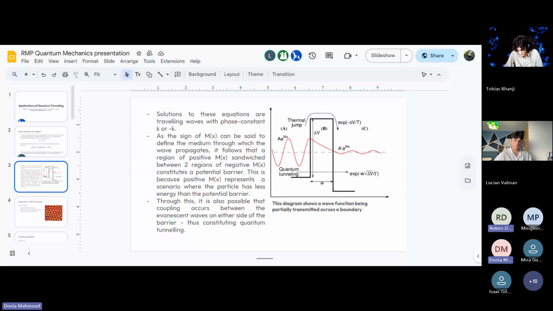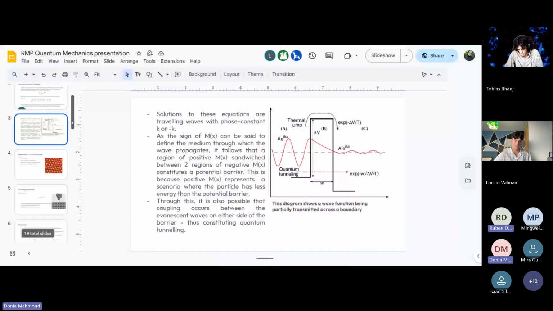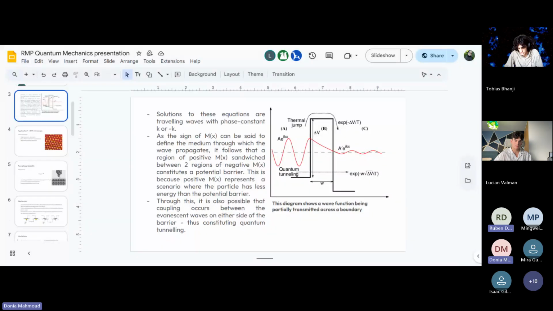This is because effectively a positive mx represents a scenario where the particle has less energy than the potential barrier, or in other words, it doesn't have enough energy to go over the barrier in a classical way. So the only way to go through it is to tunnel. So it's possible through this method that tunneling occurs when a wave function impinges on a barrier that's thin enough.